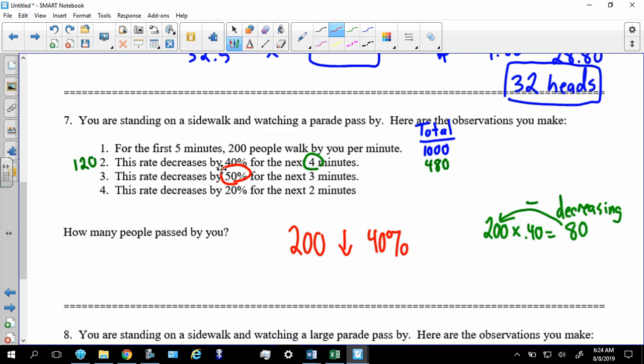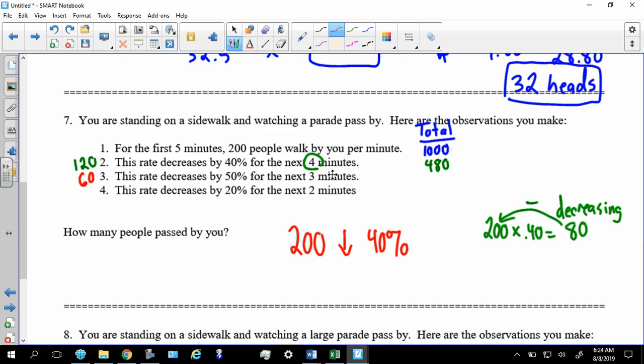Now, this rate refers to not the 200. Don't make that mistake. It refers to the 120. Now, the thing is, whenever something decreases by 50%, it's always halved. I mean, that's just another way of saying half. So you're taking half of 120, which gives you now 60. Now 60 people are walking by you.